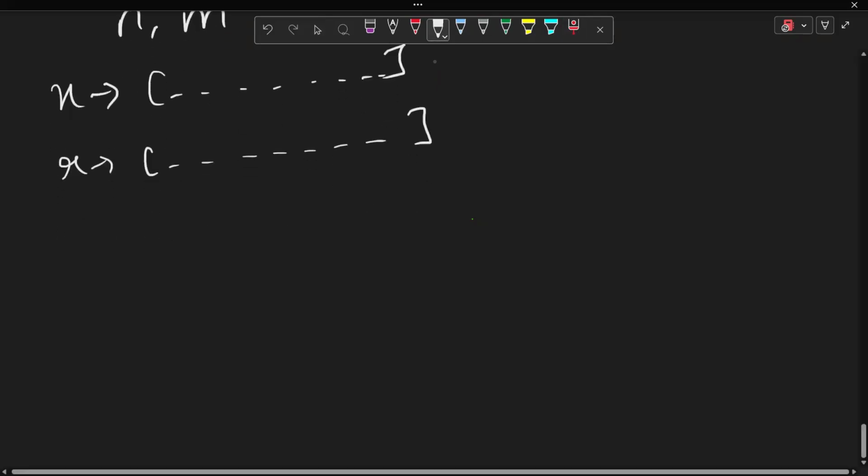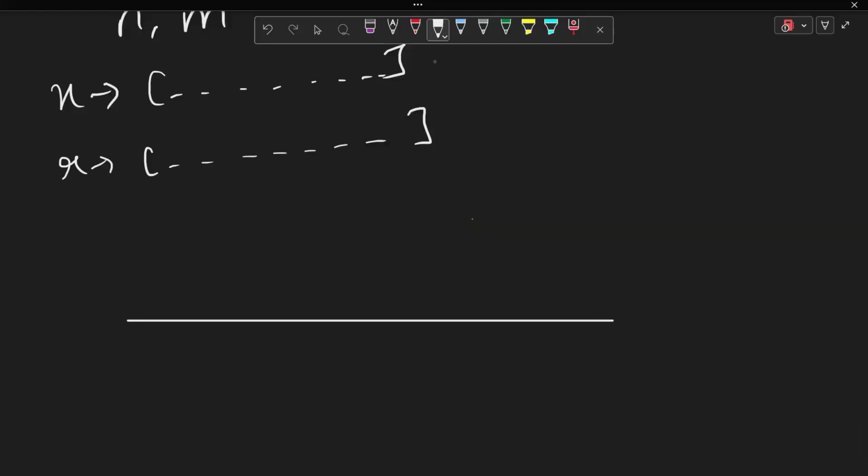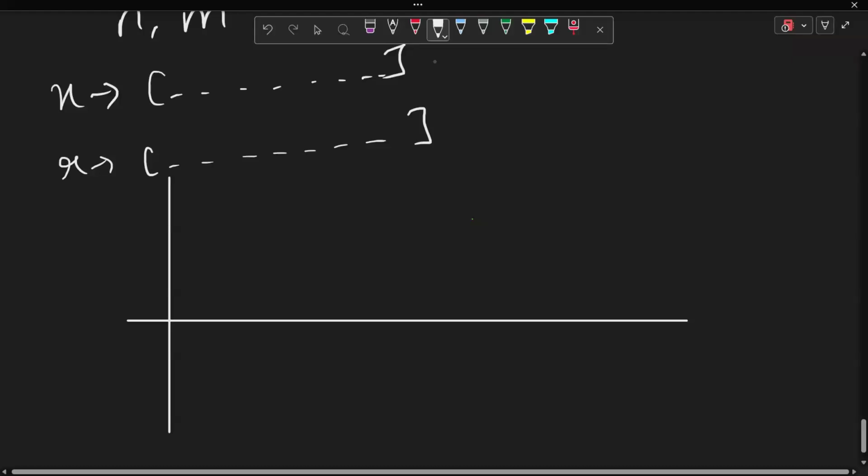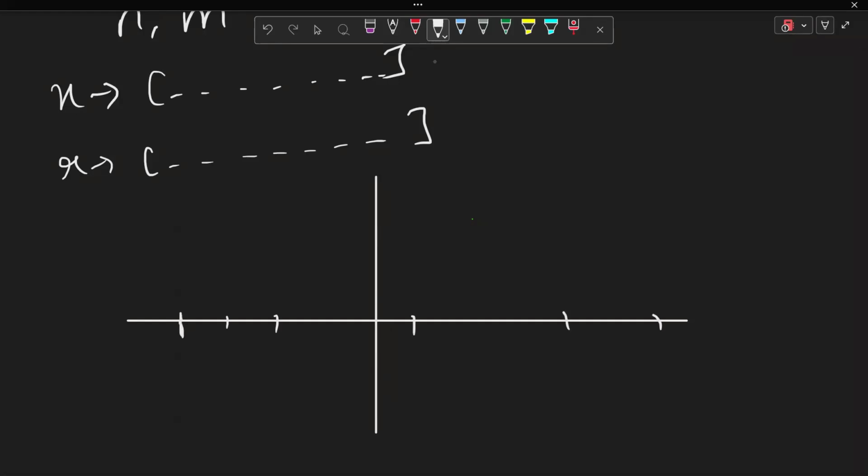So what does that represent? That represents that in a coordinate axis, you have some integer points represented by x. Okay, the array x represents those points.